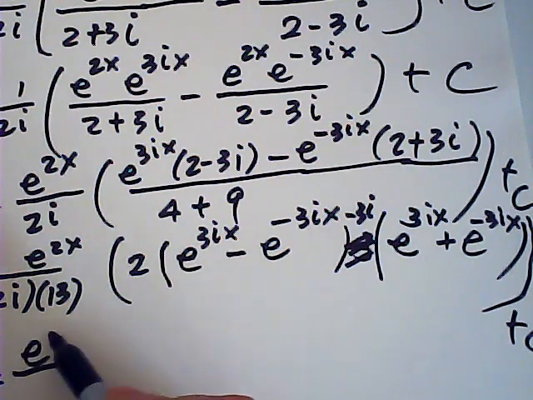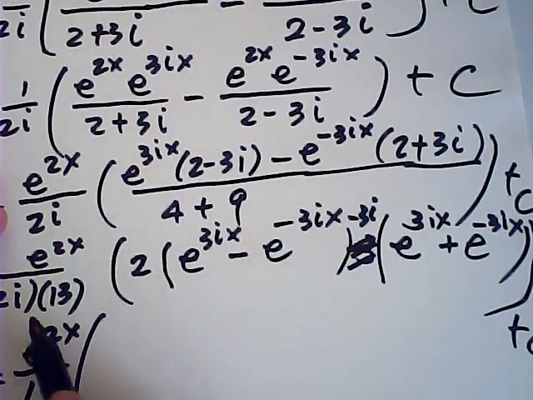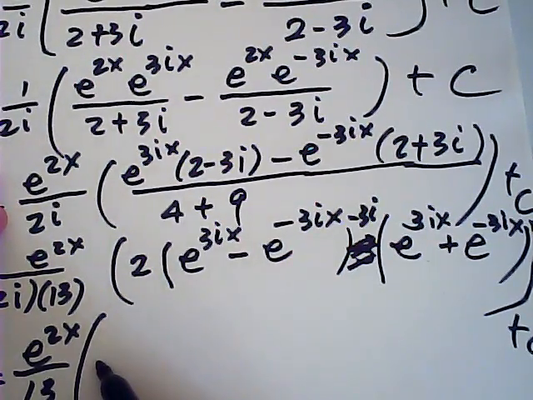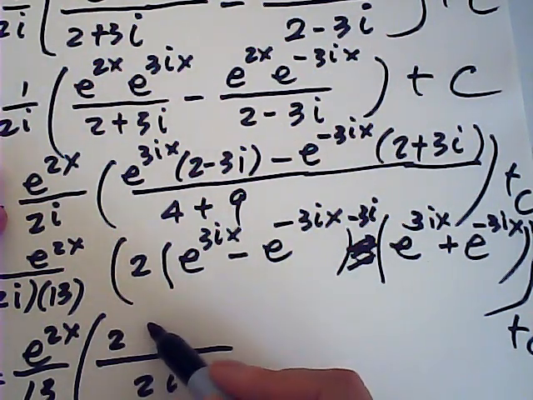Therefore, this is e to the 2x over 13 here. I move 2i inside. This becomes 2i. This is 2, right?